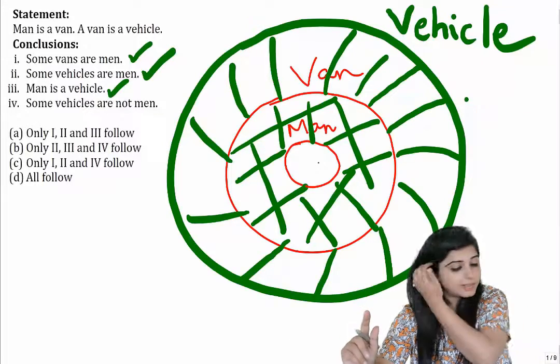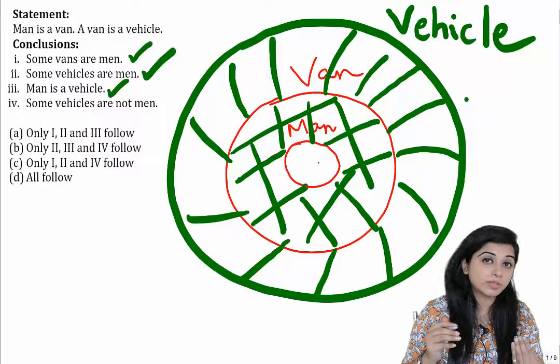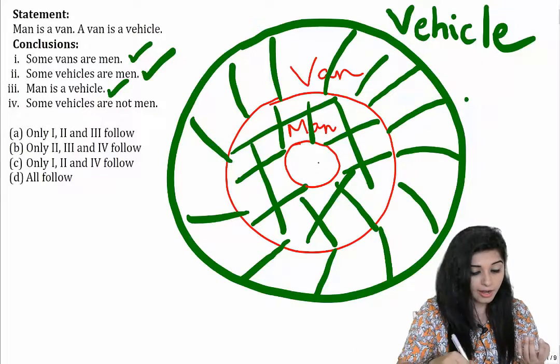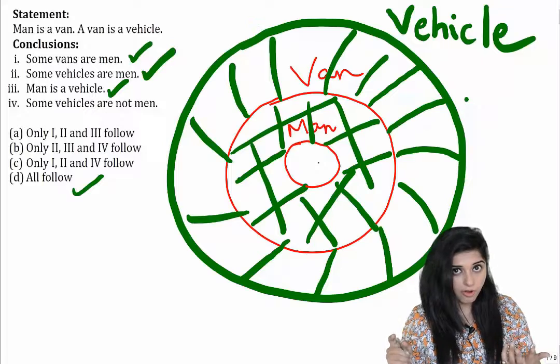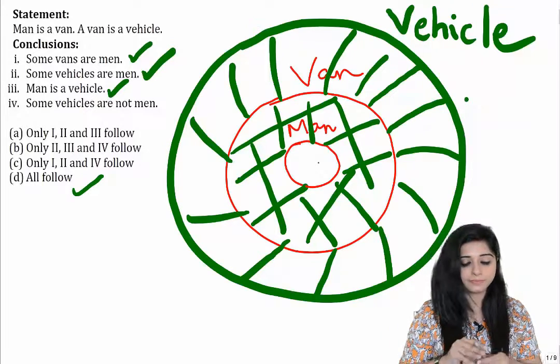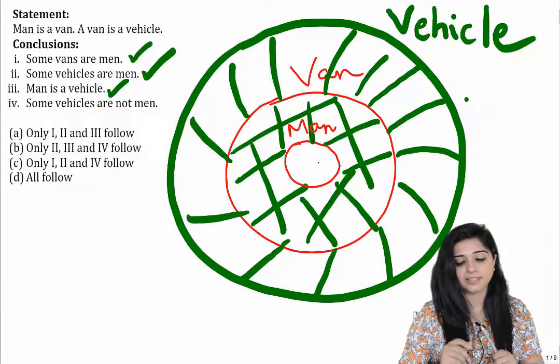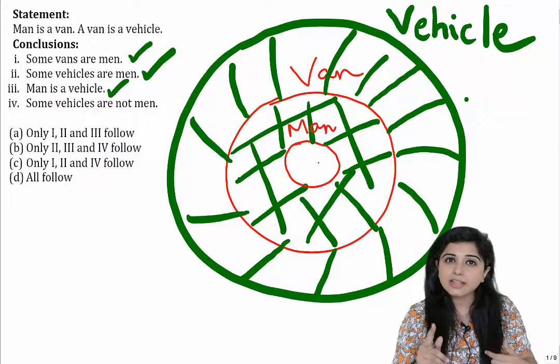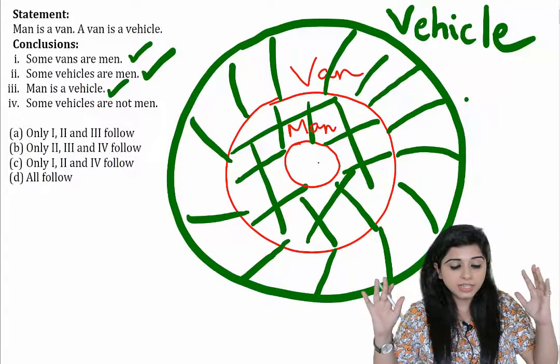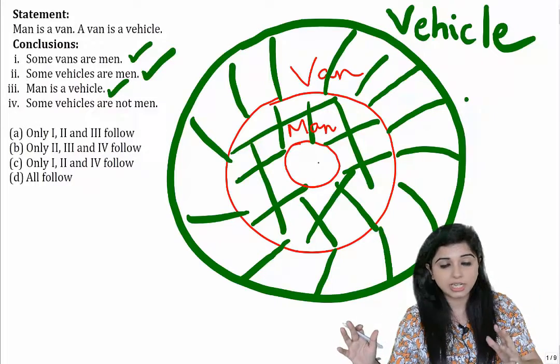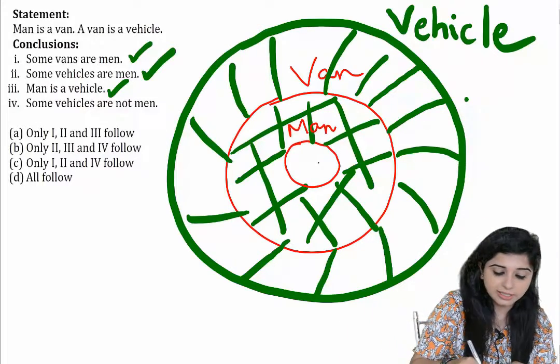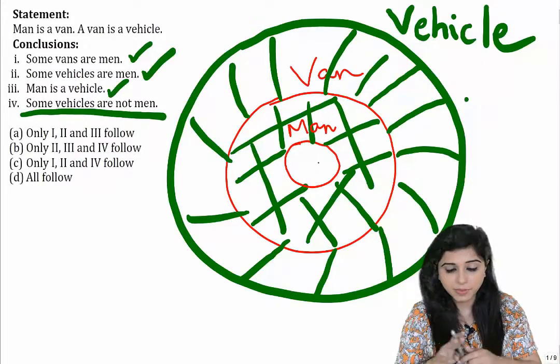Absolutely. Therefore, the answer is going to be D, all follow. No, this is not what the answer is going to be. If you've already got the answer, bravo. The answer is only 1 to 3. Why wouldn't this statement follow? Let's look at it, okay?